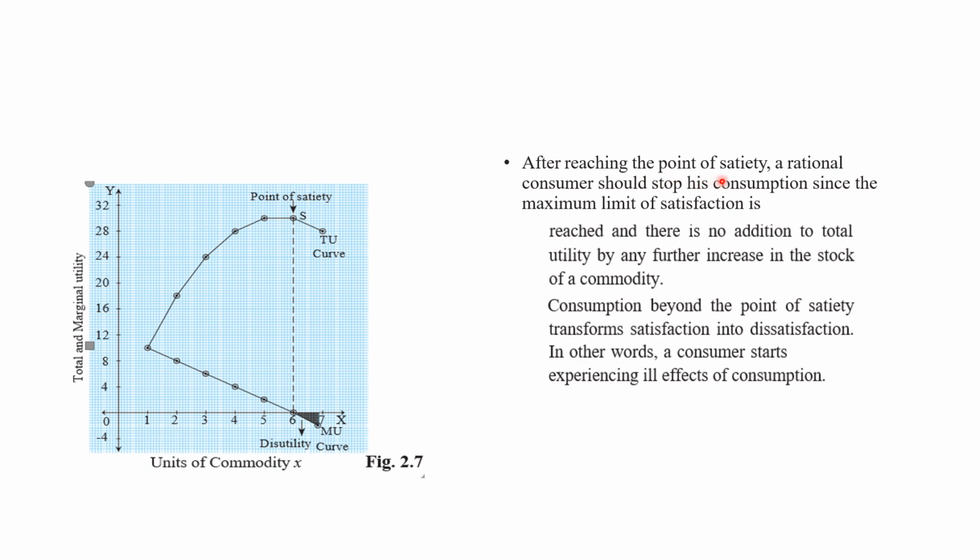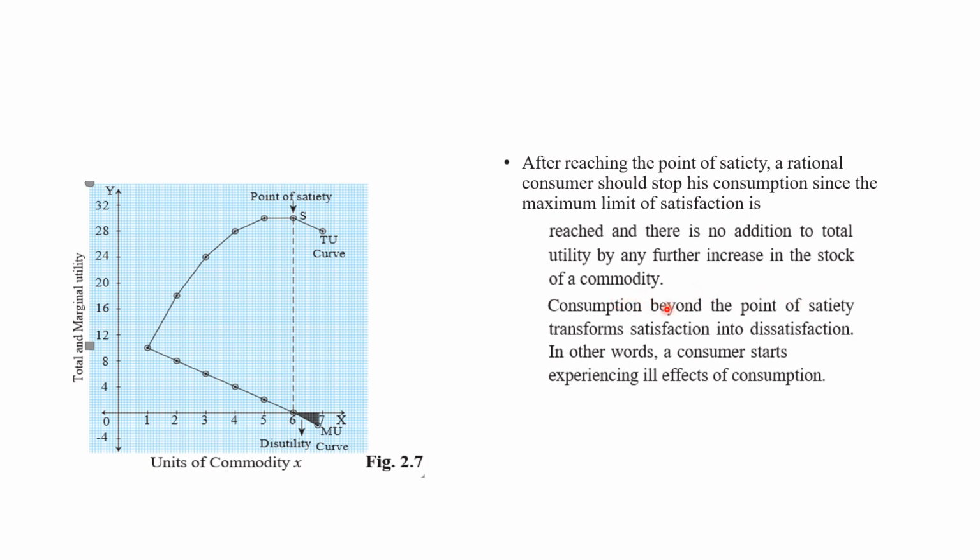After reaching the point of satiety, a rational consumer should stop consumption since the maximum limit of satisfaction is reached. We should stop when the satisfaction is reached, as there is no addition to total utility by any further increase in the stock of commodity.